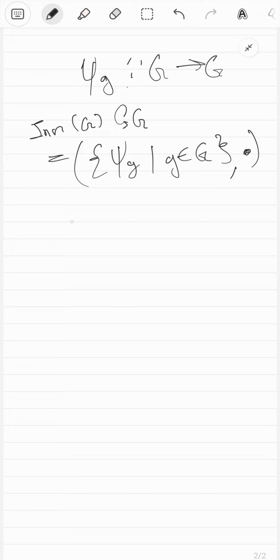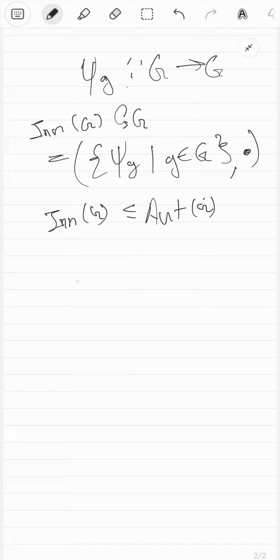So Inn(G) is actually a subgroup of another bigger group, which is a more general thing, called the automorphism group of G. So the automorphism group of G is basically all of the isomorphisms from capital G to G itself. So just to recap, an isomorphism is a homomorphism which is injective.